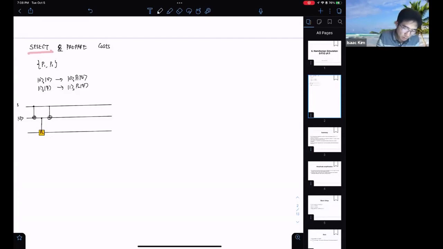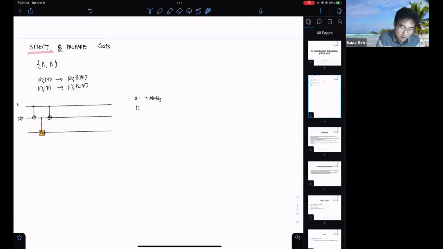All right, so what you do here is the following. If S is in the 0 state, then it does nothing so far. And if it's in the 1 state, then you first flip this qubit from 0 to 1, okay? And then if that qubit is flipped to 1, then it applies this P2 as desired.